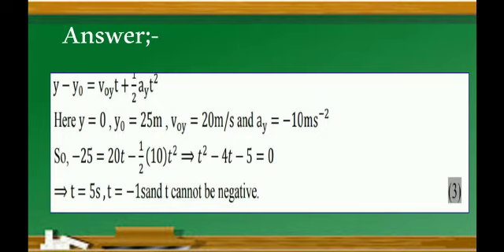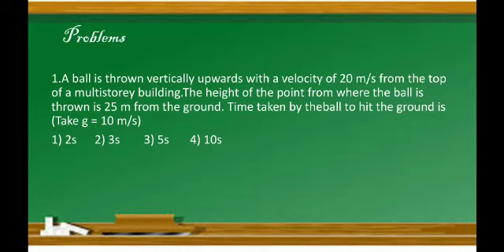Let's substitute in the above equation, then we get the answer. t is equal to 5 seconds and t is equal to minus 1 second, and t cannot be negative, therefore answer is option 3.